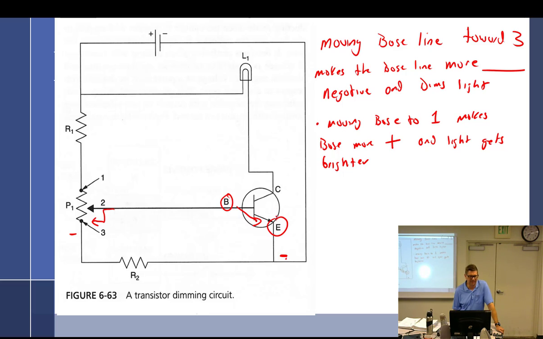I hate to say more off, but it works from my head. The more off it is, the fewer electrons are going to pass through to the collector and then to the light. So it gets dimmer and dimmer. Because we've started to match it. We're getting away from a forward bias and closer to no bias. Okay, that makes sense.